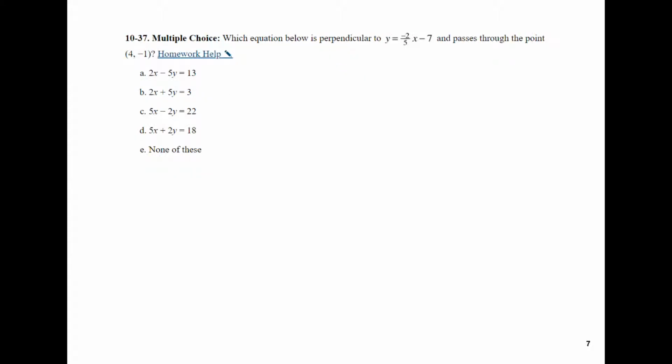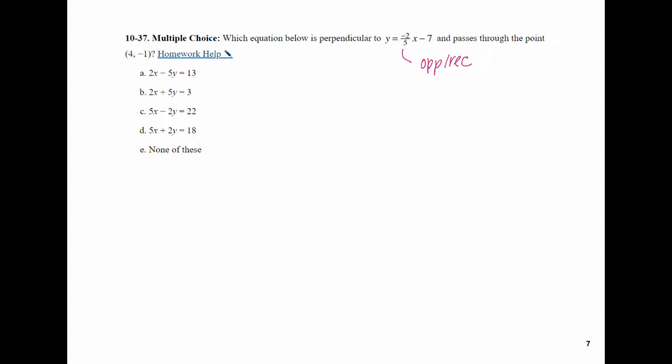10-37, multiple choice. Which equation below is perpendicular to y equals -2/5 x minus 7 and passes through the point (4, -1)? So remember, in order for it to be perpendicular, our slopes must be opposite reciprocals.